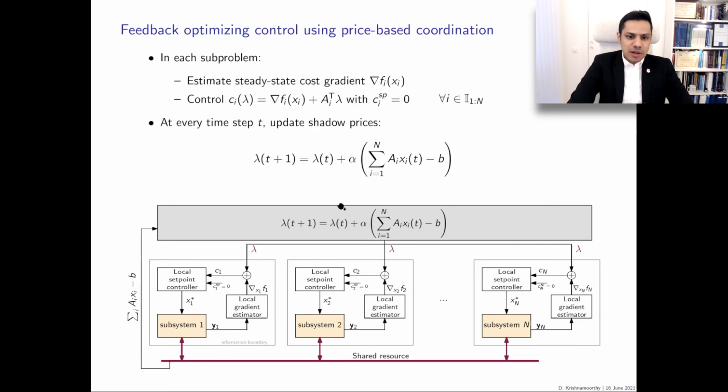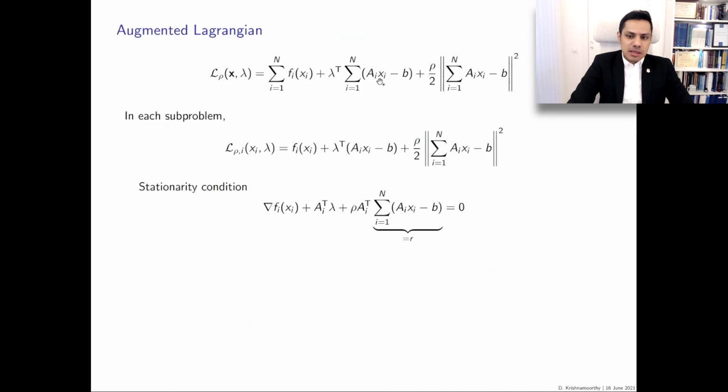So instead of just the Lagrange multiplier, we can also consider the augmented Lagrangian, where in addition to the relaxed coupling constraint, we also add an additional quadratic penalty term, as shown here, with rho over 2 as the penalty factor. In each subproblem, we then minimize this augmented Lagrangian, for which the stationarity condition is given by this expression here.